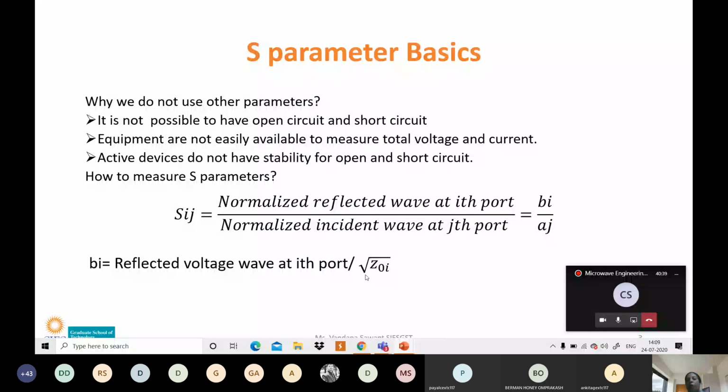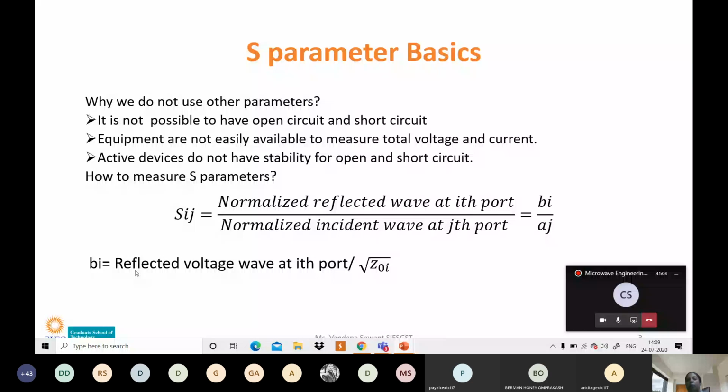If it is port 1, we write Z01. If it is port 2, you write Z02. Here, B2 is equal to the reflected wave at the second port divided by the square root of Z02. You have to write it like this.